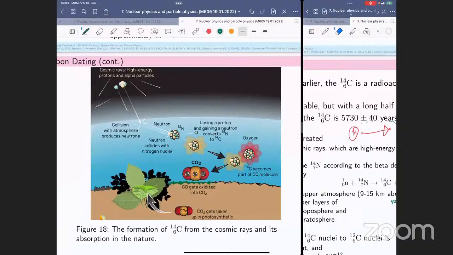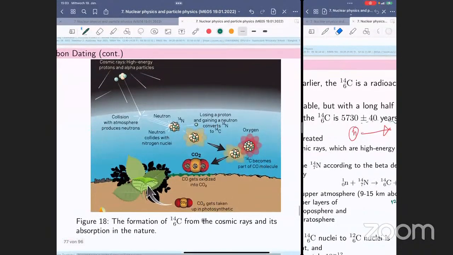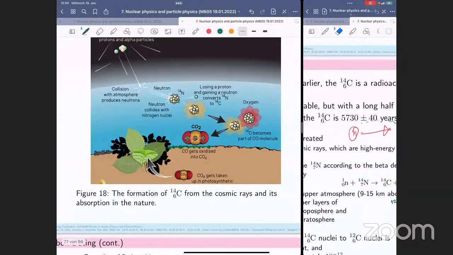So carbon 14 will stay inside our body too. Unfortunately, we cannot avoid that. This is the formation of carbon 14 from the cosmic rays and its absorption in nature. This is the whole process, and that's the whole thing that happens in nature.